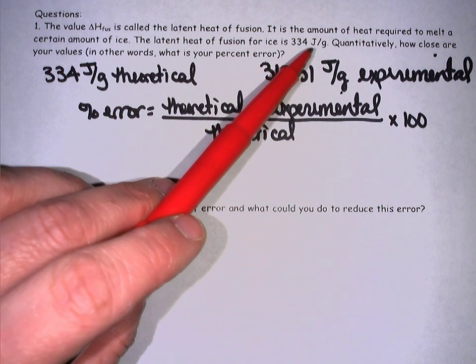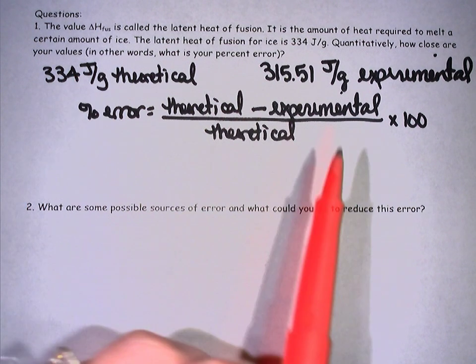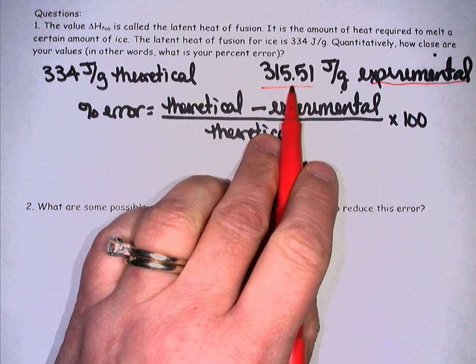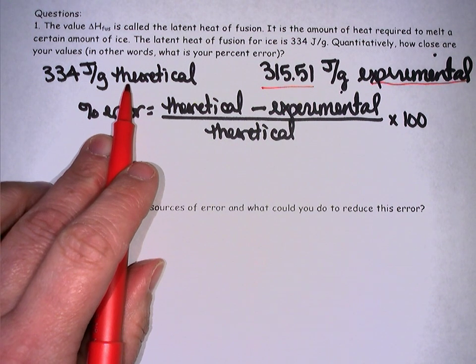So quantitatively, how close are your values? We have to take a look at what we got, which was here. This is our experimental, from the other side. And we're going to compare it to what we should have gotten. That's called the theoretical latent heat of fusion.